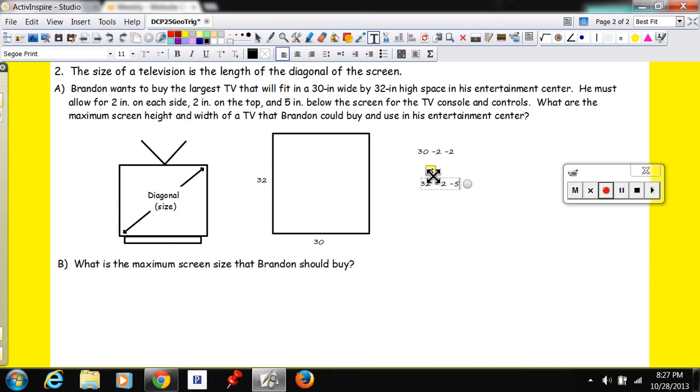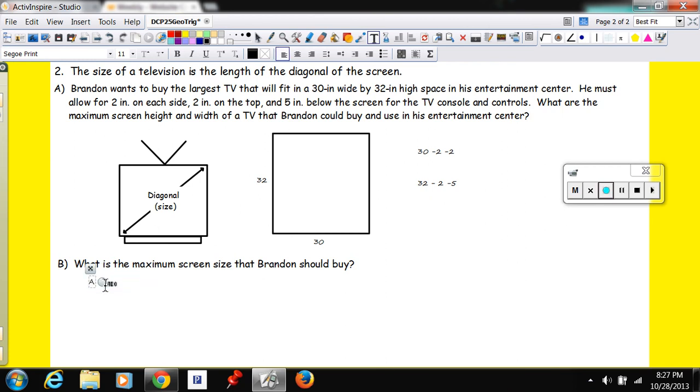That's going to give him his new height right there. So you got your new width, you got your new height, and that'll give you your screen dimensions. Then you're going to take your new screen dimensions, your width and your height, and make a diagonal and use your Pythagorean theorem.